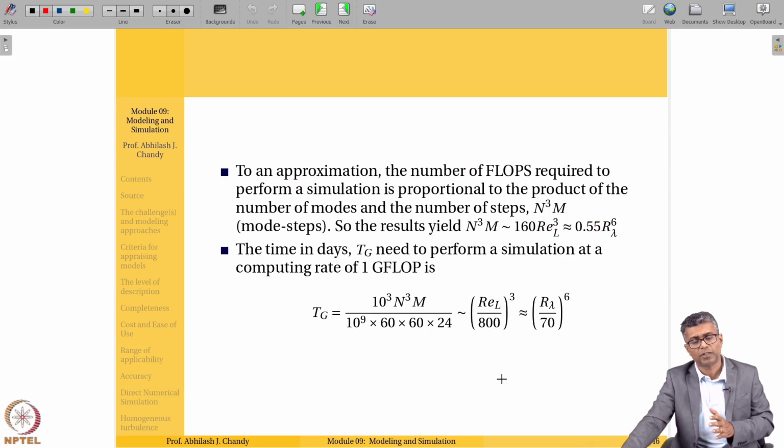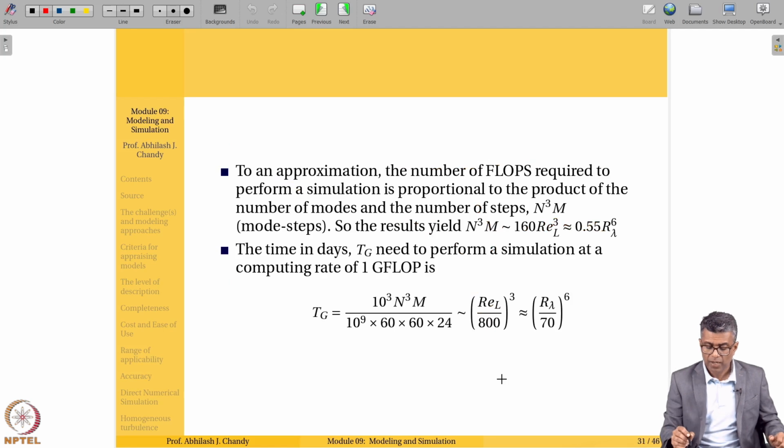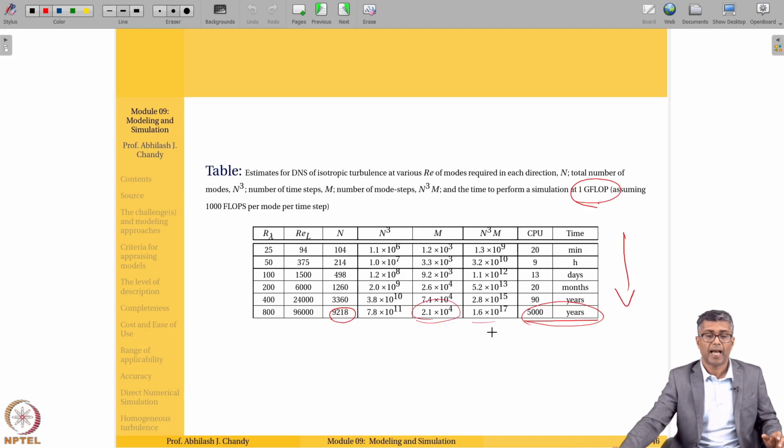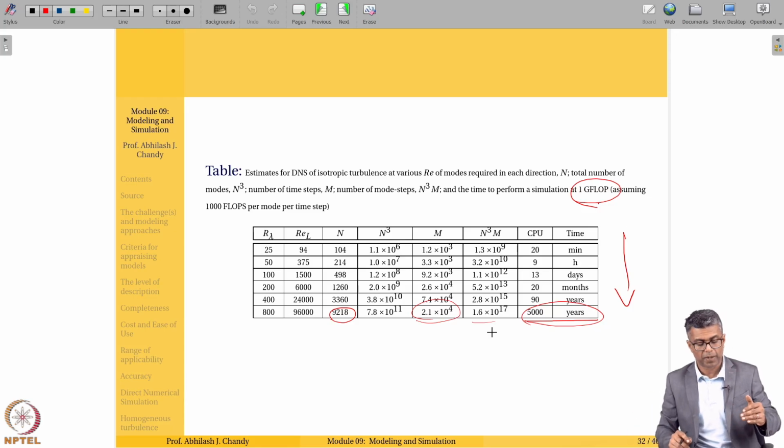Now, once you put everything together, then what you have is Re_L over 800 cubed, or R lambda over 70 cubed. That is the total computation time in days. And we put that into a table based on R lambda.